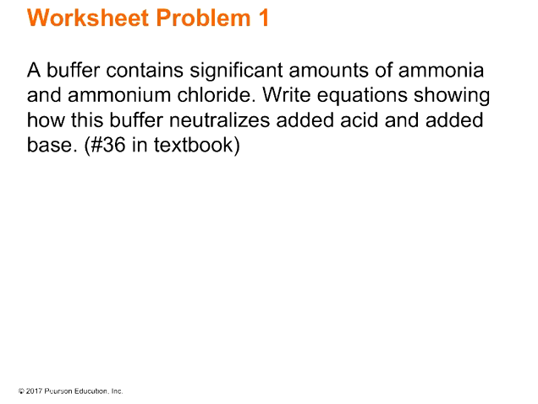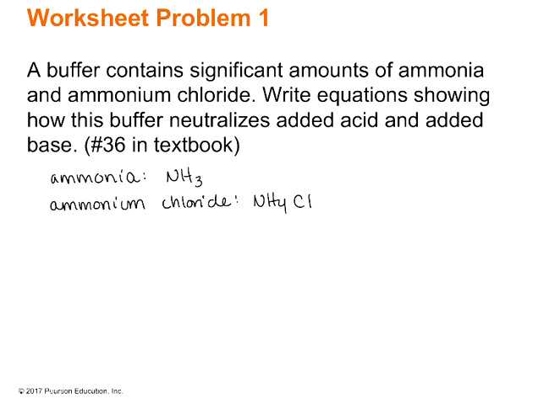Okay, so we're told that this buffer contains significant amounts of ammonia, and you might remember that ammonia is NH3, and then we also have significant amounts of ammonium chloride, and that is NH4Cl. But remember that in solution, ammonium and chloride will actually be floating around.